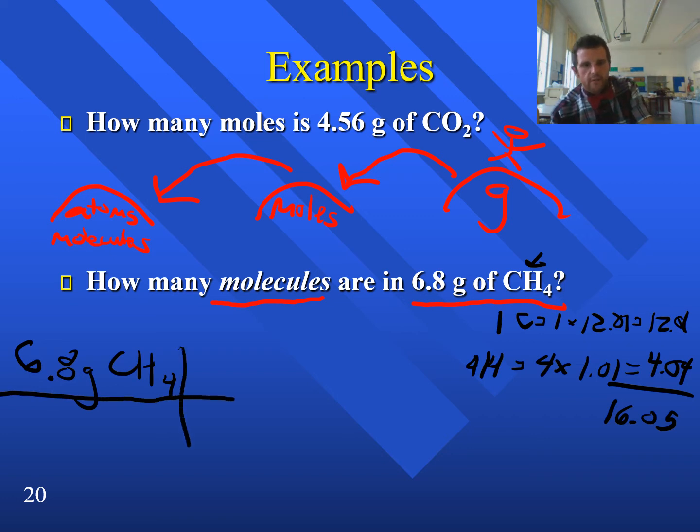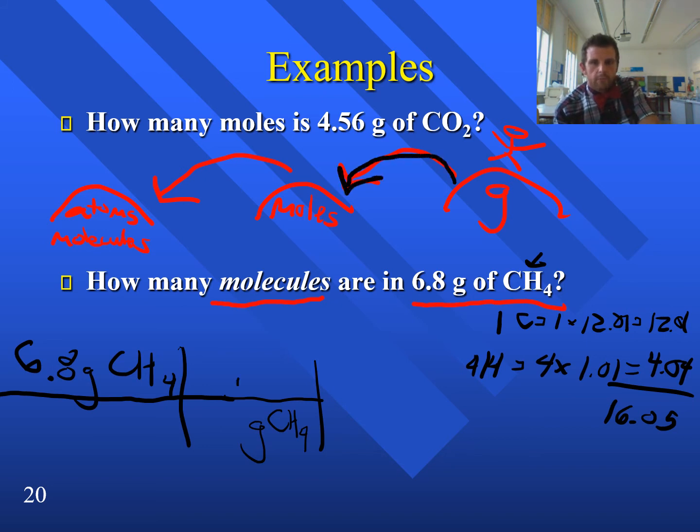I'm going to take that unit and drop it down. So I've got grams of CH4. And I'm going from grams to moles first. So up top will be moles CH4. And for every 1 mole, it's going to be 16.05. I'll cancel out my old unit.